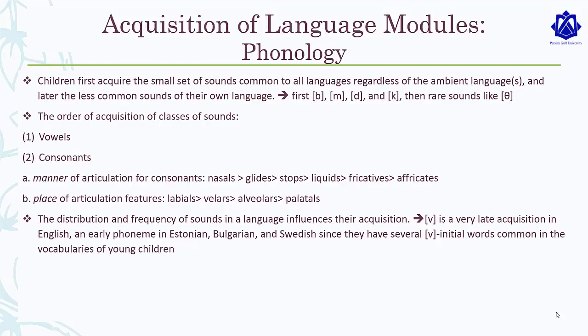For example, v, which is a fricative labiodental, is acquired very late, but in Estonian, Bulgarian, and Swedish, it's one of the first, and it's very common. The reason is because it is used in many words that are used by children.